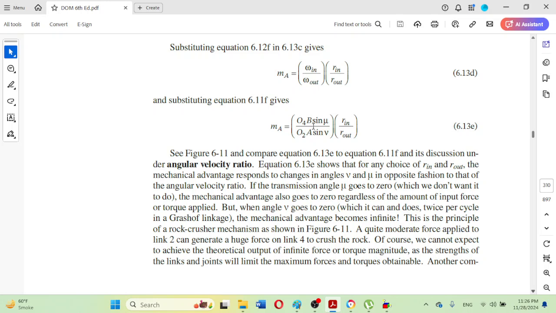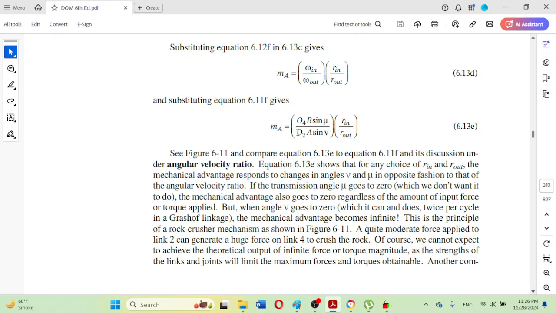But in equation 6.11f, we observed that if the transmission angle goes to 0, then the angular velocity ratio will go to infinity.